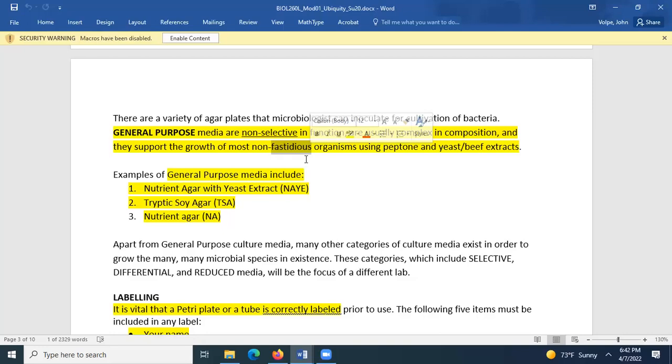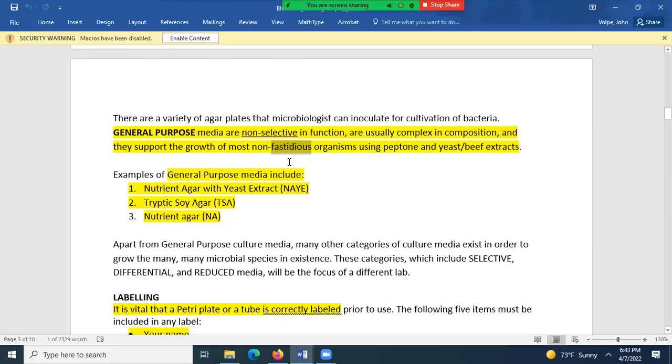My point is, getting back to my point, Streptococcus pyogenes is a fastidious organism and it will not grow on a general purpose media. You have to add specific ingredients to the media to get it to grow.